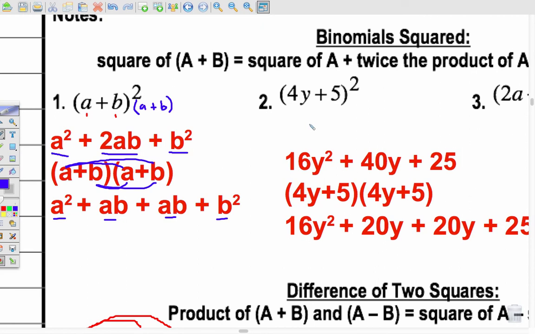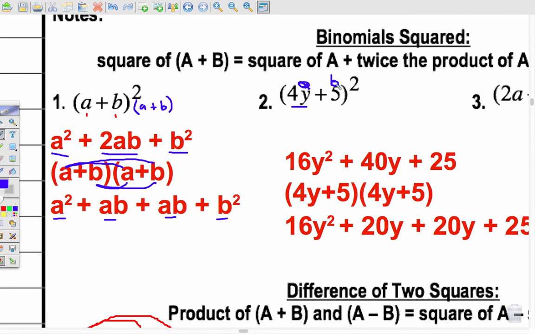Same thing on number 2. I can tell from the property that this is going to be 16y squared, so I just squared 4y. Plus 4y times 5 is going to be 20y, and now multiply that by 2, which gives me 40y, because again it's twice the product of a and b. Here's your a, here's your b.